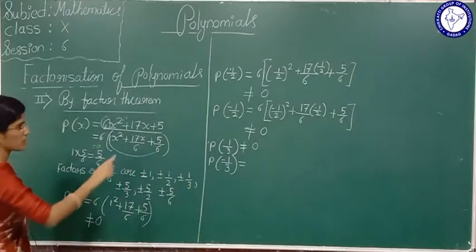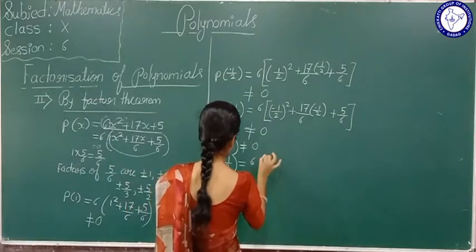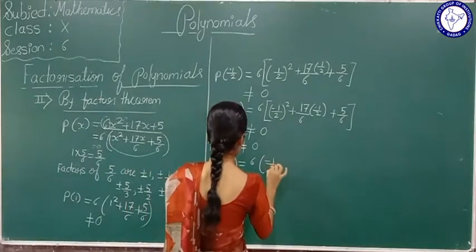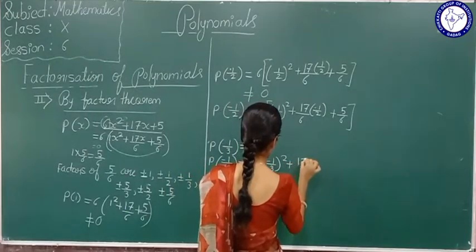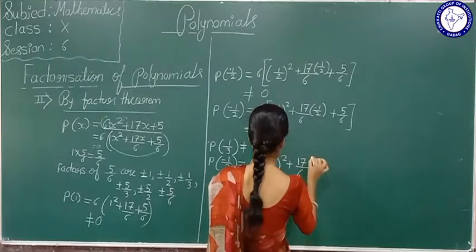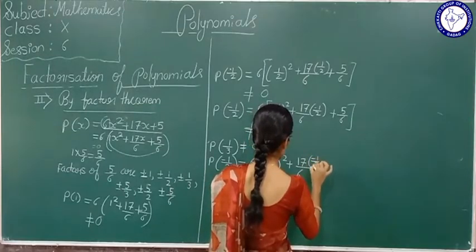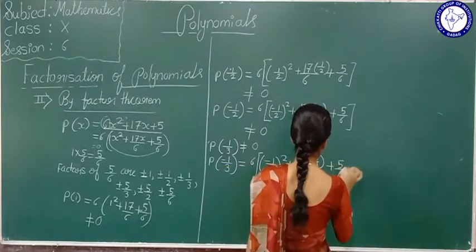Check for p of minus 1 by 3. Put here 6 into minus 1 by 3 the whole square plus 17 by 6 into minus 1 by 3 plus 5 by 6.